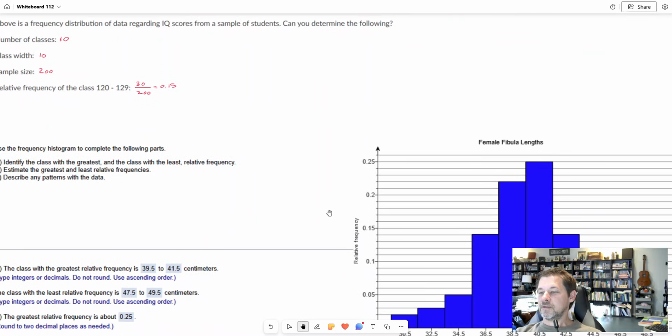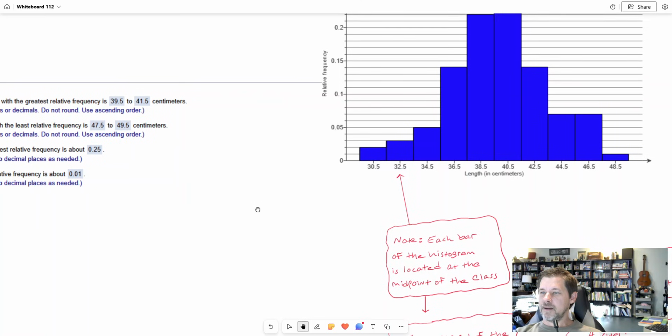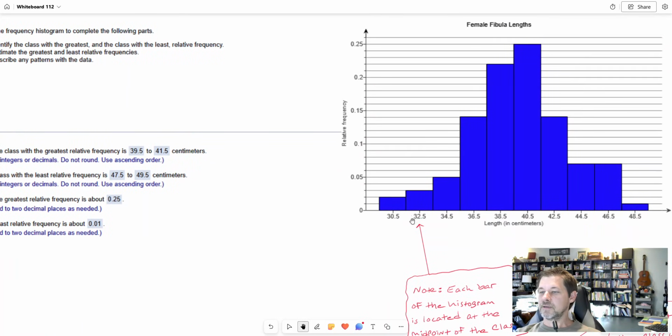That's not what's going on here. Each of these bars on this histogram is located at the midpoint. Okay, see that mark right there? Right in the middle of the bar. Every single time, it's the midpoint. All right?